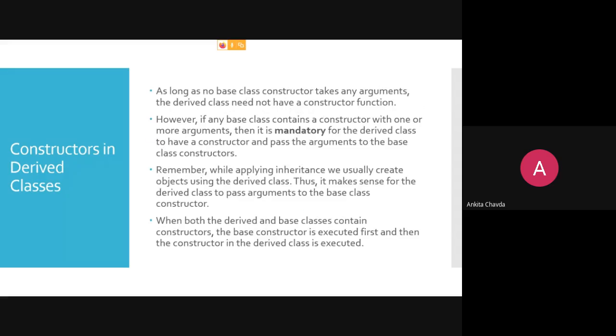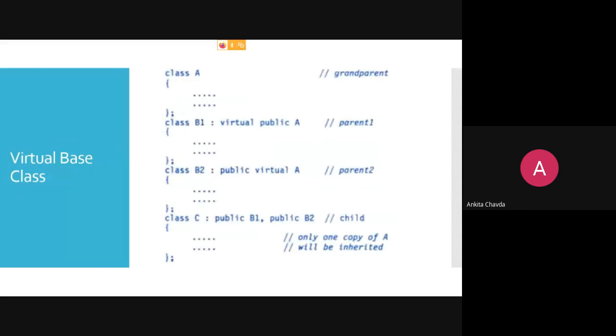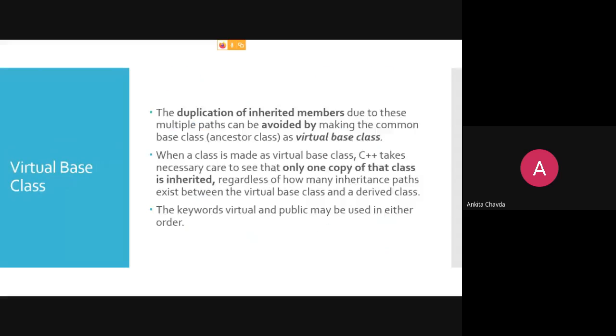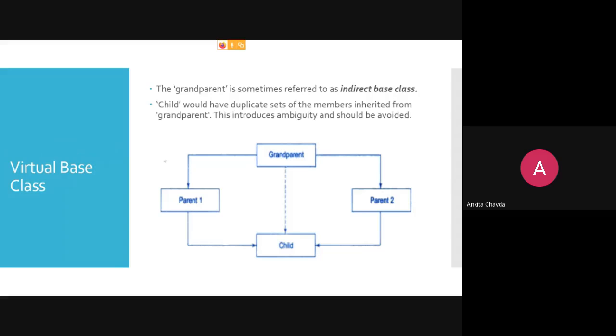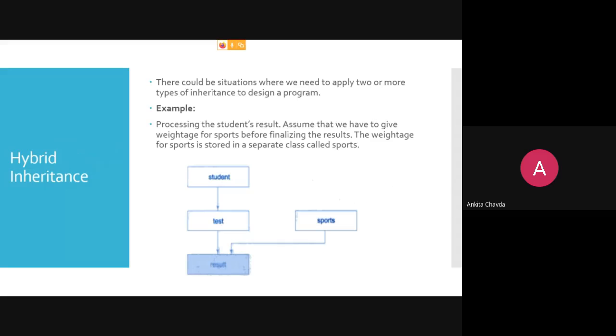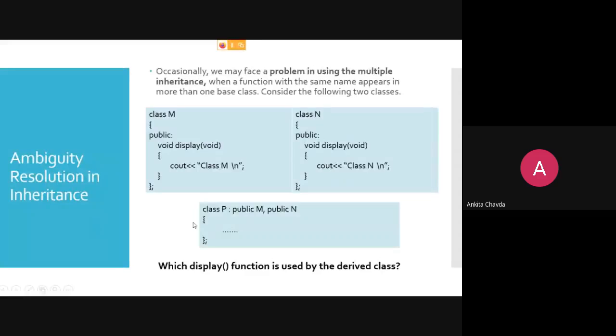Suppose we look at multiple inheritance again quickly. Here this is your multiple inheritance. Here you have derived your class P, colon, and you have written first class M and then class N. Though they are on the same level, you can even write N first and then M. That is up to you.